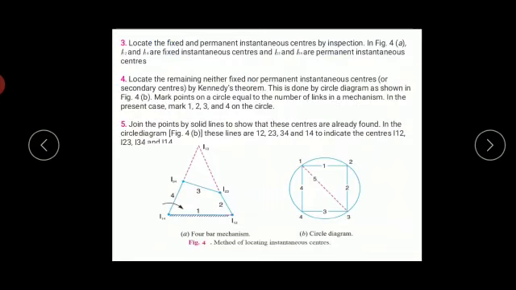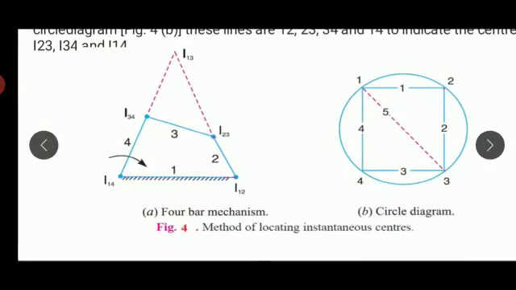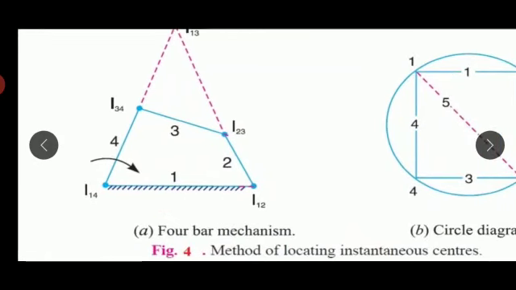Now once we have listed the total instantaneous centers, let us find the fixed instantaneous centers and permanent instantaneous centers. We are having a 4-bar mechanism here. Link 1 and link 2 have instantaneous center I12.